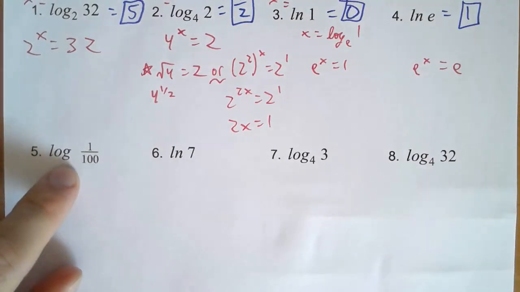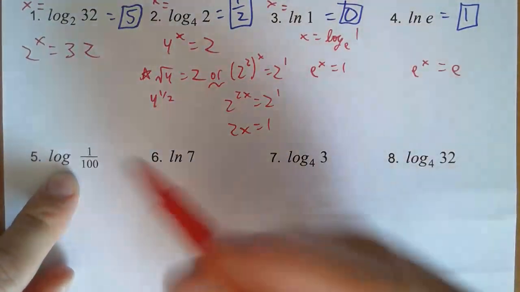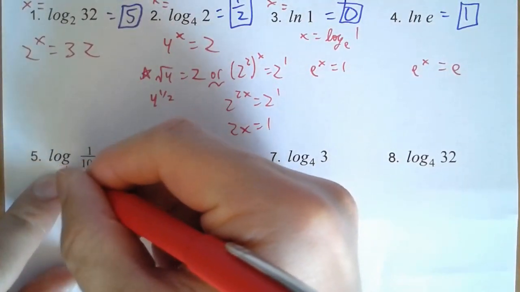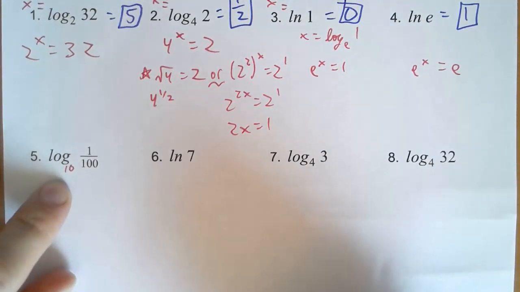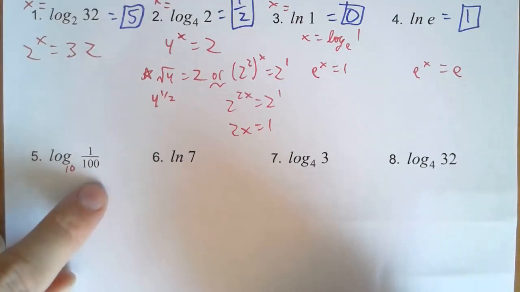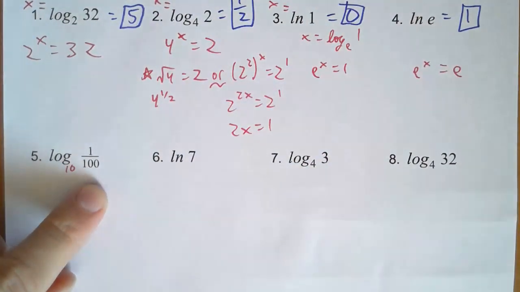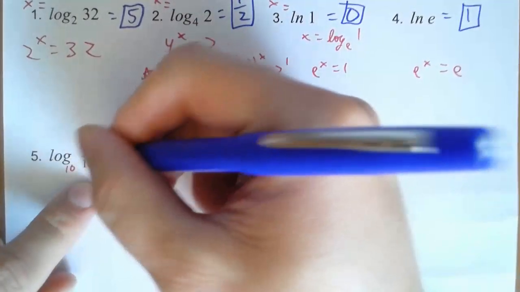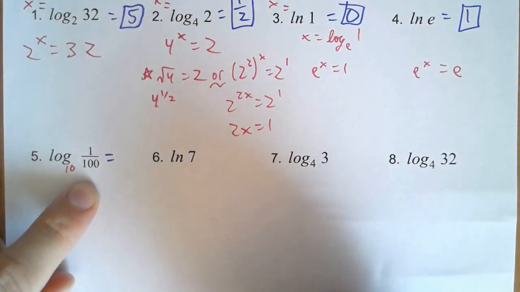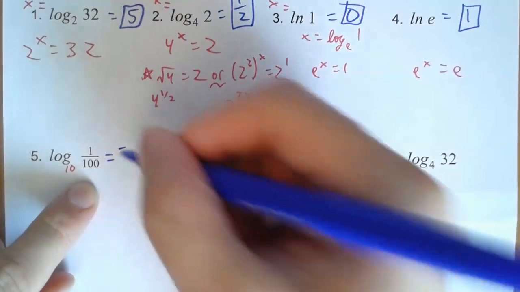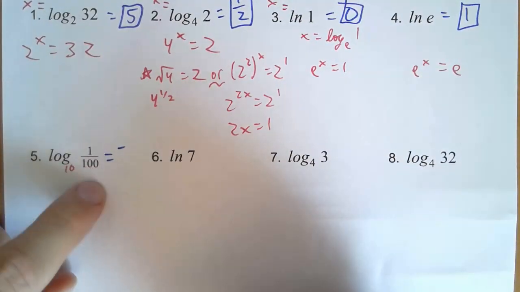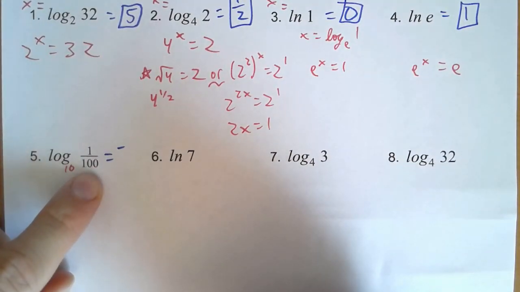All right, well, how about this one down here, number 5? This one, I don't see the base right there. Remember what the base is if you don't see it. It's called a common logarithm. It's base 10. So I want 10 to what power is 1 over 100. Well, if it's going to be 1 over, I know the exponent has to be a negative number. Negative exponents make fractions.